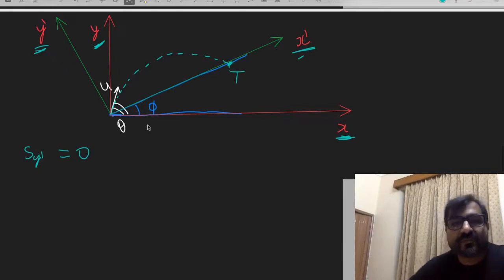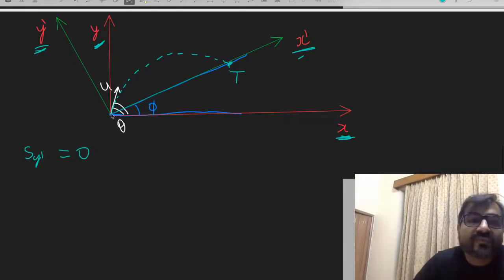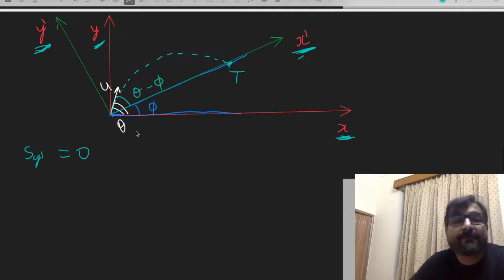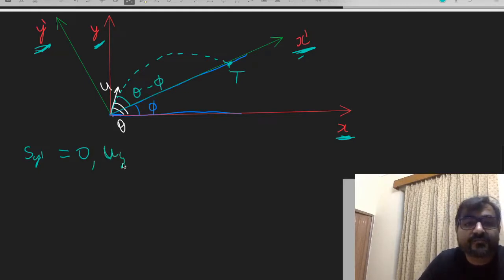Alright. So let's take coordinates along this y dash and this x dash, because here we know the value of the coordinate when it lands. So we'll need the angle, and the angle of velocity with x dash is theta minus phi. So the initial velocity along y dash is u sine theta minus phi.